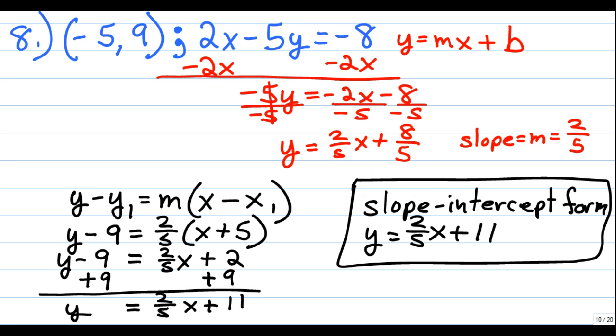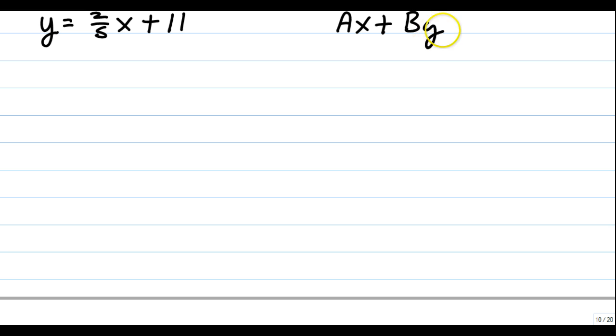Next, I need to find it in the standard form, which was the ax plus by equals c. So I'm going to take that slope-intercept form that I found, y equals 2/5 x plus 11, and write it up here. I know that I want to get it in the form ax plus by equals c. So that means that my x over here needs to come over with my y on the other side.